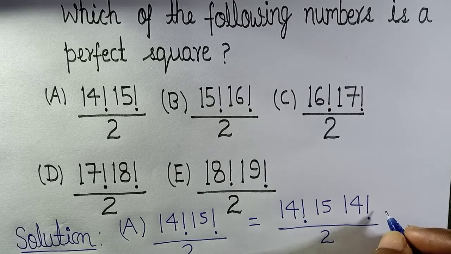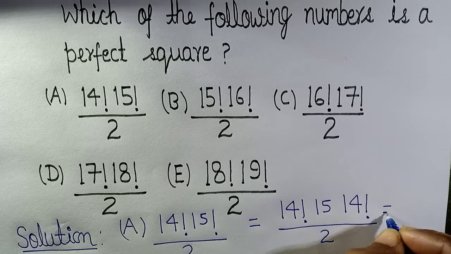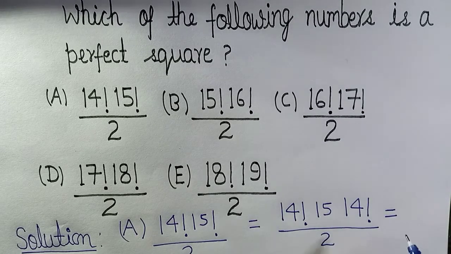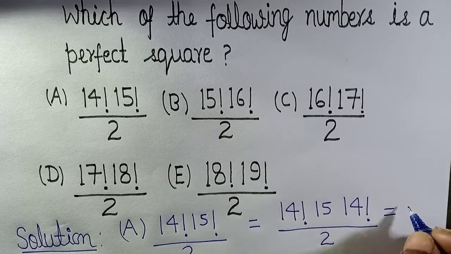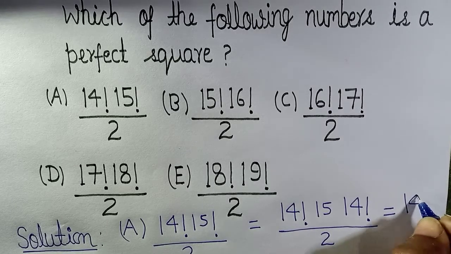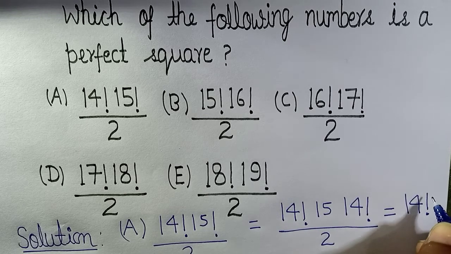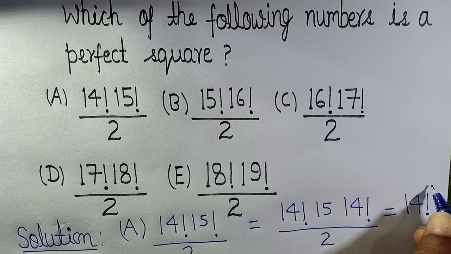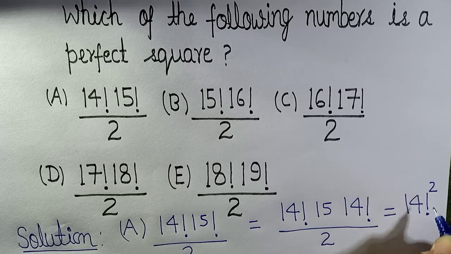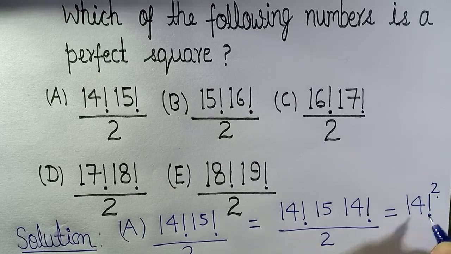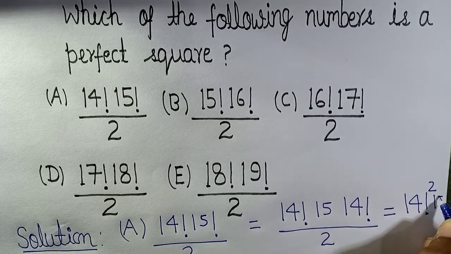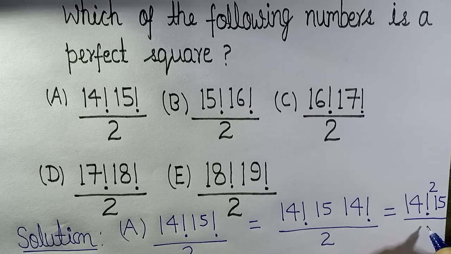So from here we can write factorial 14 squared times 15 over 2.